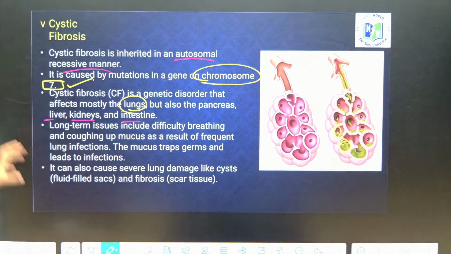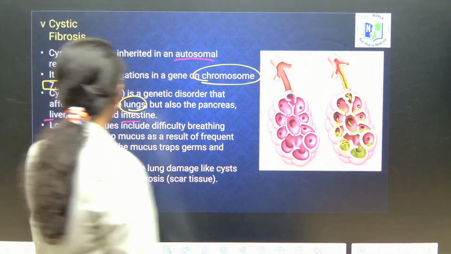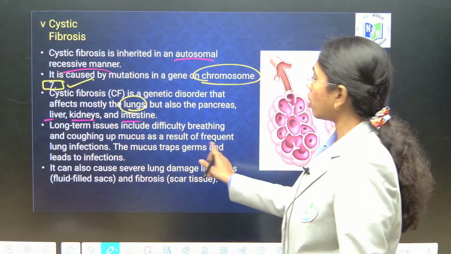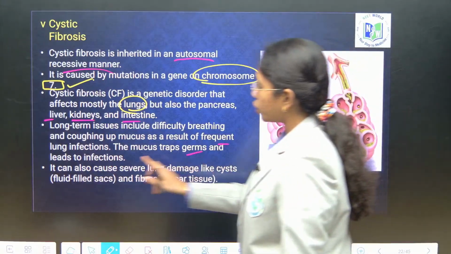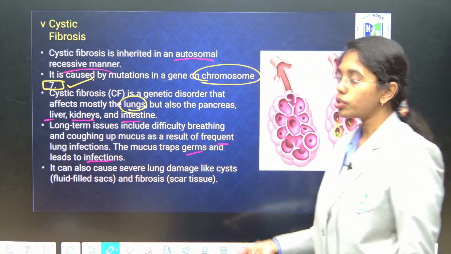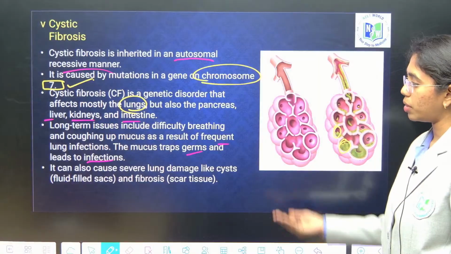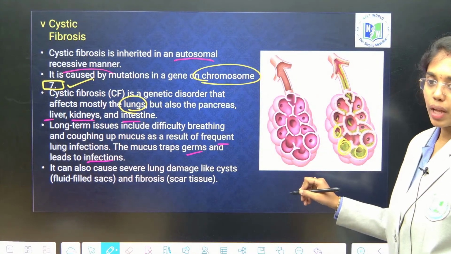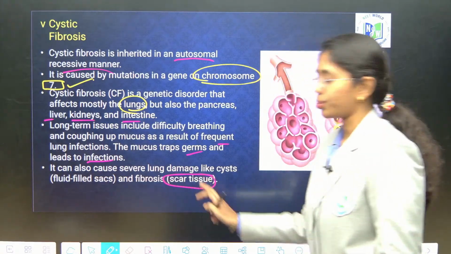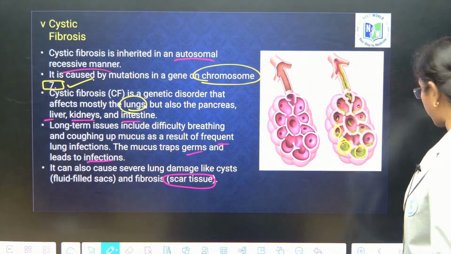Long term issues include difficulty in breathing, coughing up mucus as a result of frequent lung infections. The mucus traps germs and this leads to infections. It can also cause severe lung damage like cysts. So, what are cysts? Fluid filled sacs and fibrous scar tissues. Fine, right? This is about cystic fibrosis.